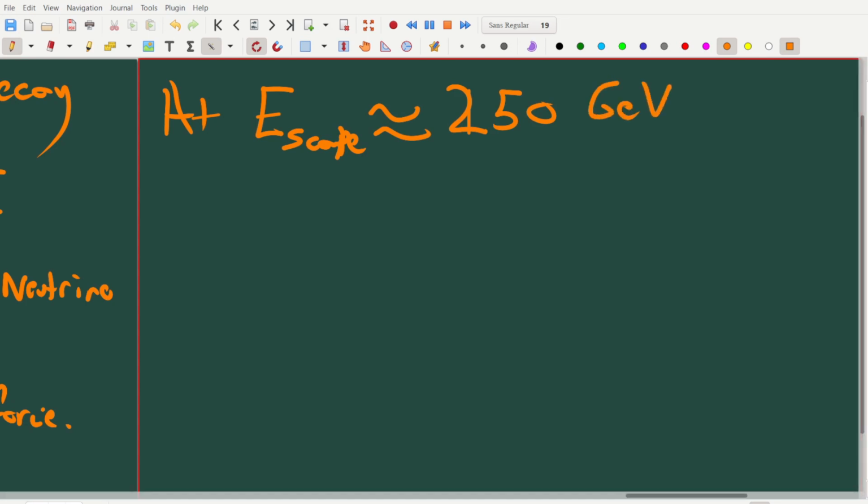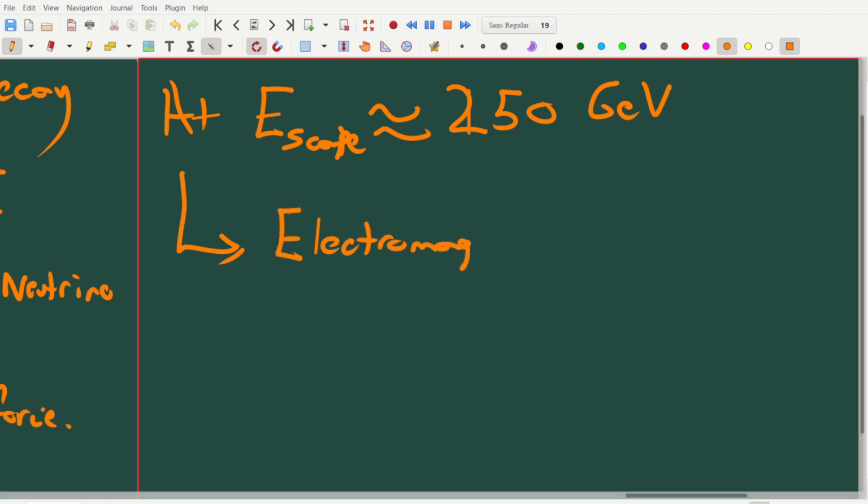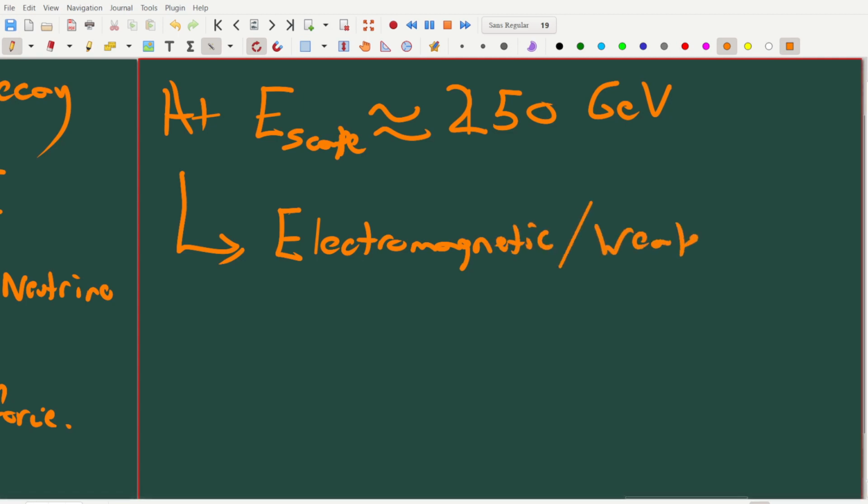All right, so you're going to slam these atoms together, these protons or whatever, really, really fast, at really, really high energy. Right, this is what they do at particle accelerators. At this scale, the electromagnetic and the weak forces unify. They become one.